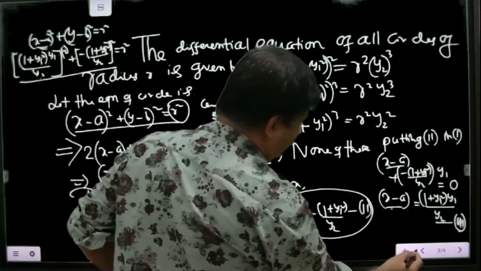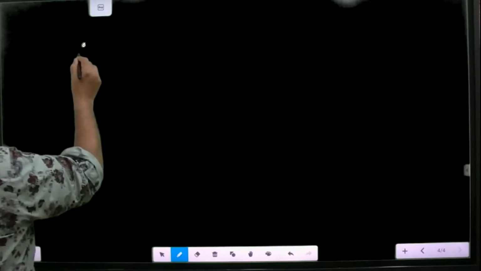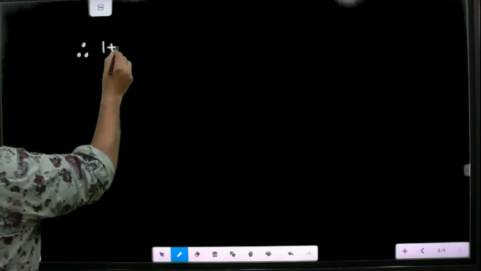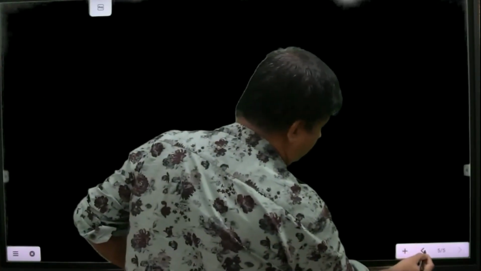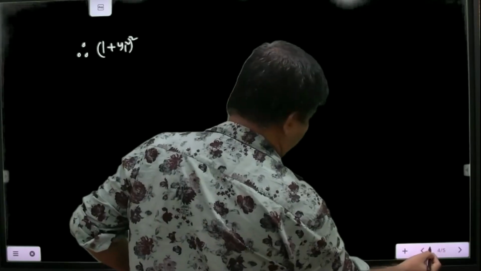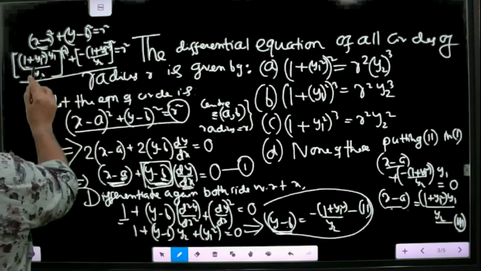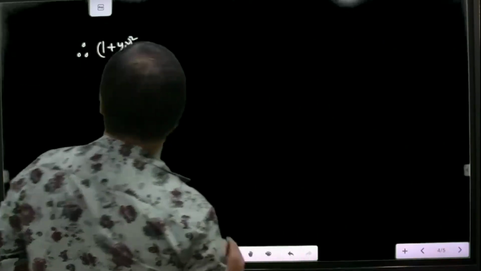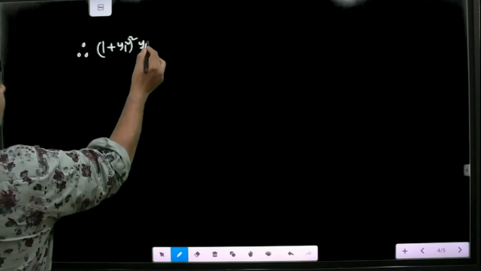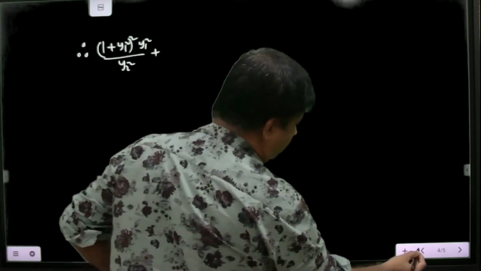So you can write (1 plus y1 square) whole square, and this 2 is the power of this and this, y1 square by y2 square.